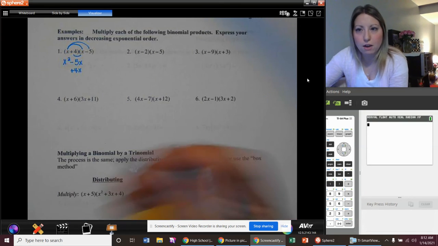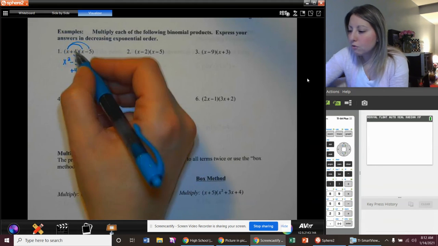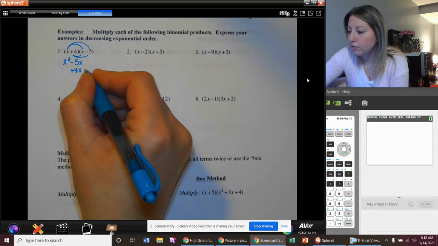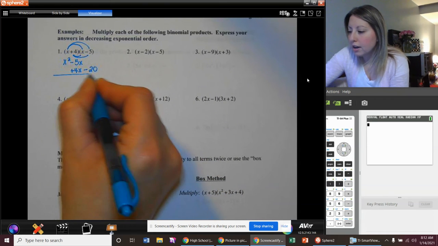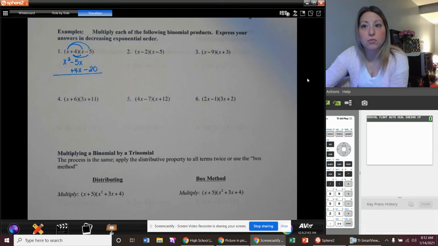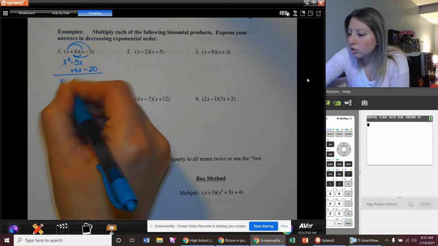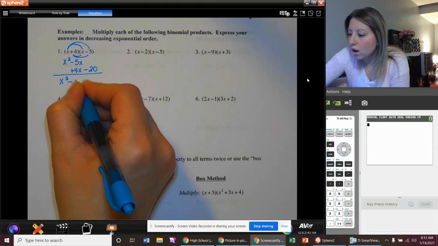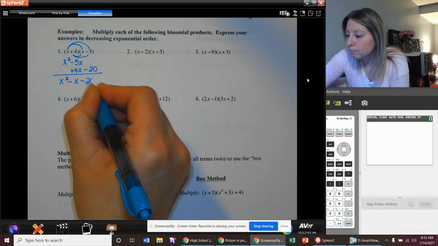And I just want to show you that for the future when I have more terms that I'm distributing. And then, of course, 4 times negative 5 gives me negative 20, my last, right? And so then what I do is I can just line up those like terms vertically and bring down my final answer of x squared minus 1x, or just minus x, minus 20.